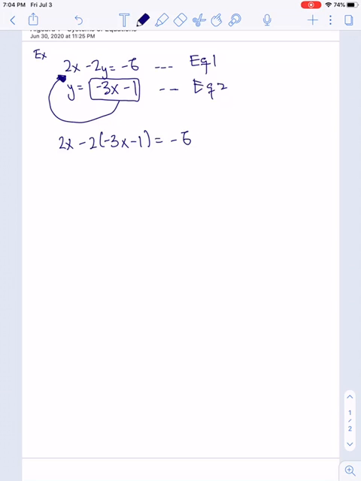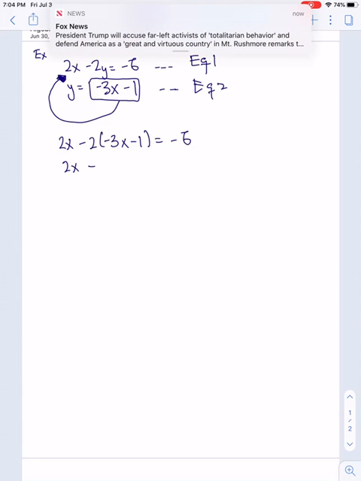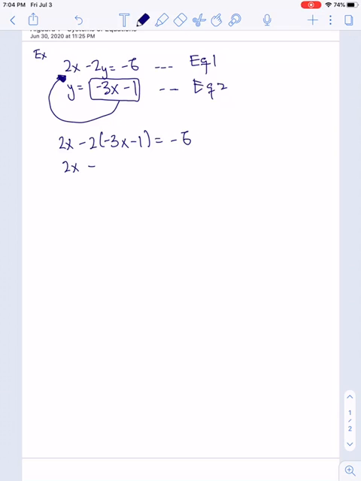Breaking this down a little further, we get 2x, negative 2 times a negative 3x will be a positive 6x. And negative 2 times a negative 1 will be a positive 2, equals negative 6. Now we have like terms, which are 2x and 6x.